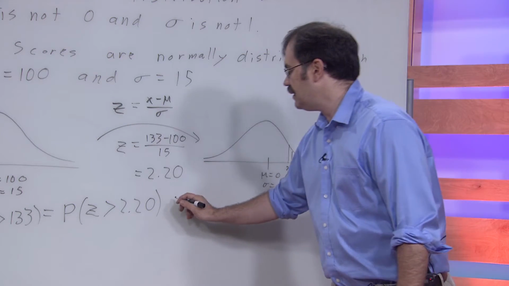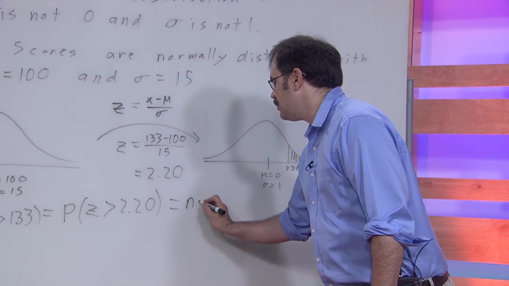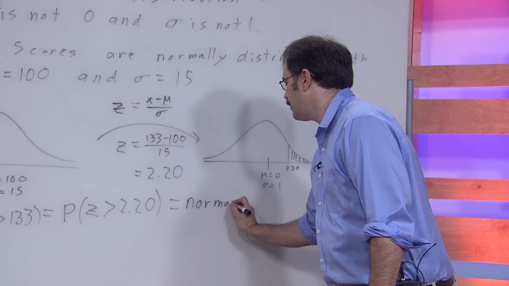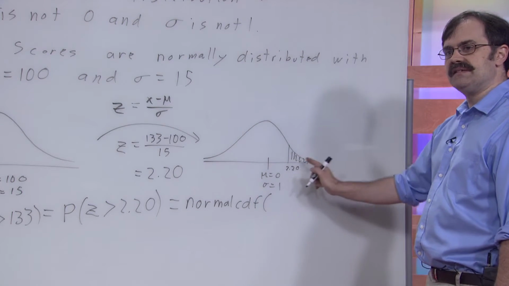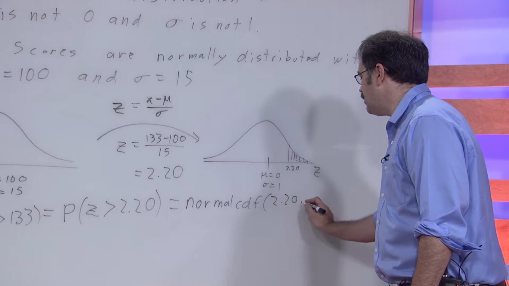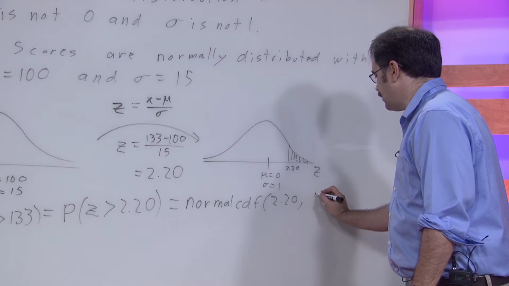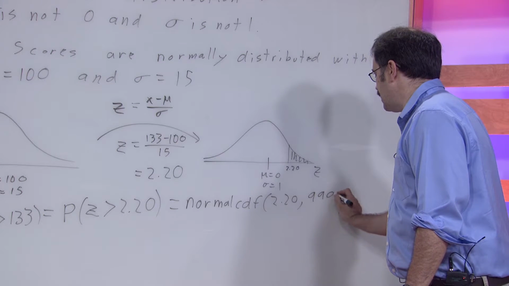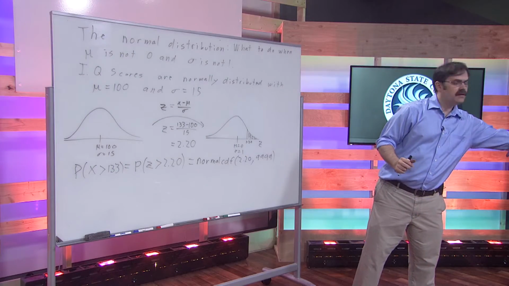And we said in a previous video that the way we would do that is to use normal CDF, parentheses, and we describe this interval again. The interval starts at 2.20, and it ends at infinity. And we'll use 9999 for that. And we can plug that into our calculator.